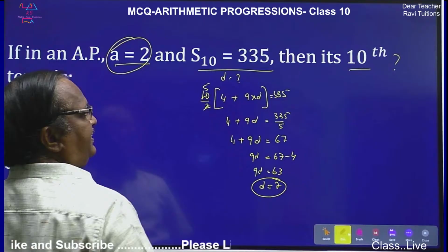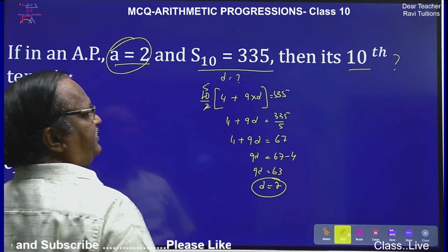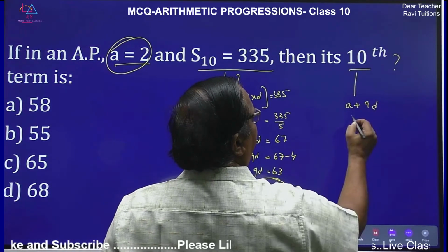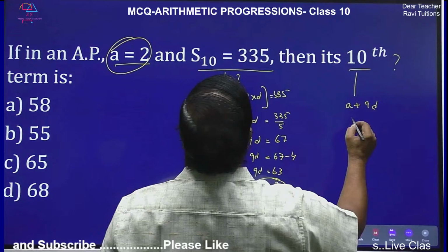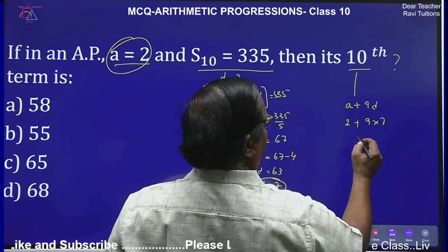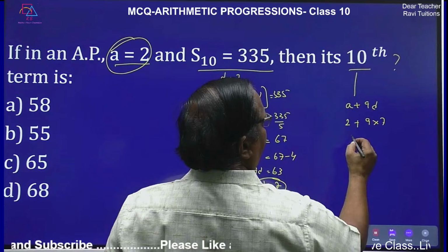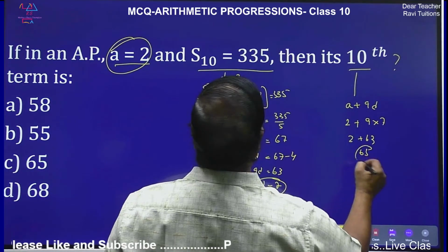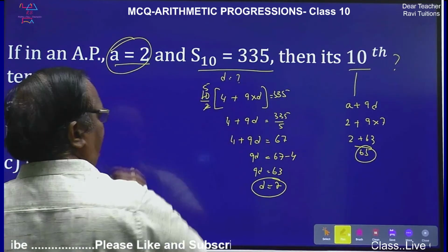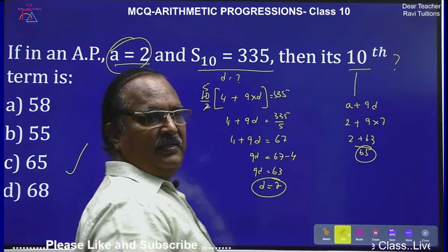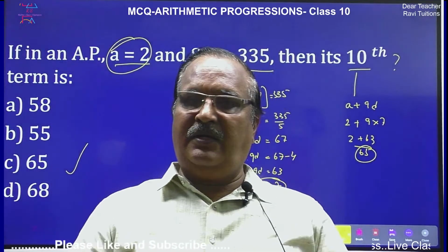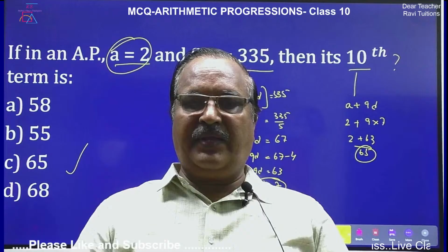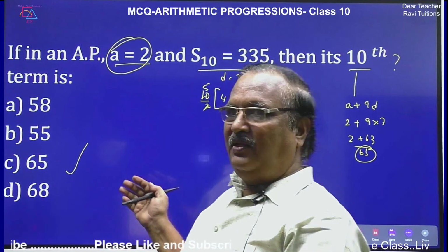So now once d is equal to 7, the 10th term is a plus 9d. So a is 2, plus 9 into 7. So 2 plus 63, 65 is the answer. Okay. So this is how the questions will go. I hope this is okay. Almost all the questions will be like this.